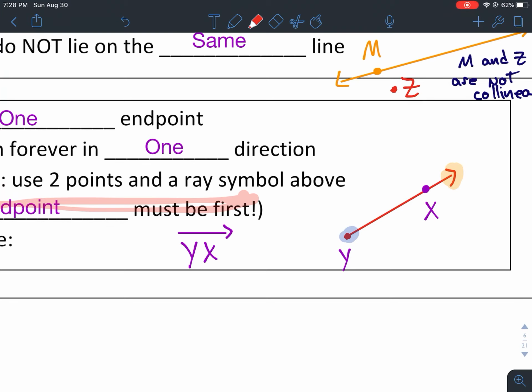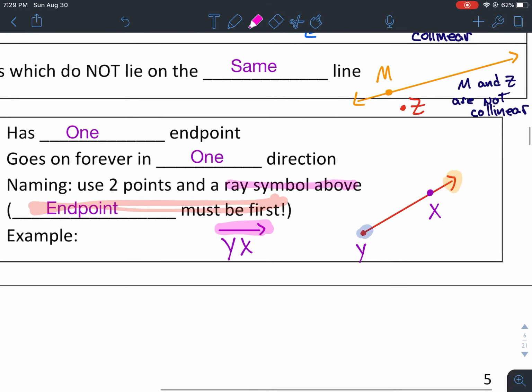Actually, let me use pink. This is the ray symbol right there, and it's above the 2 letters that I use. And again, Y in this case, because it's the endpoint, must come first.